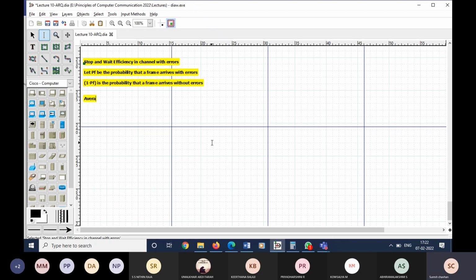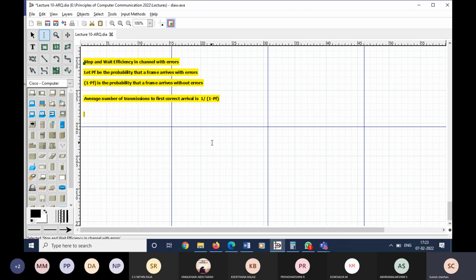Now, the average number of transmissions to first correct arrival is 1 divided by 1 minus PF.